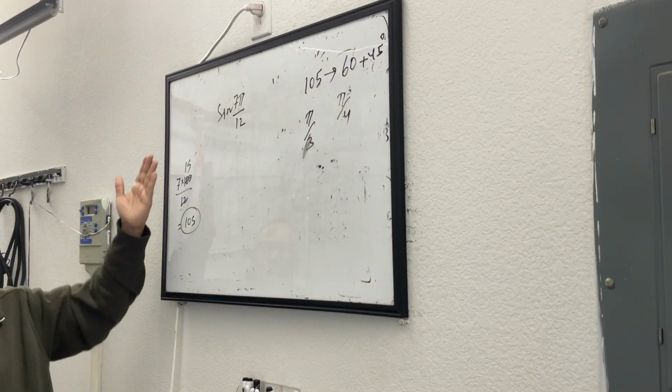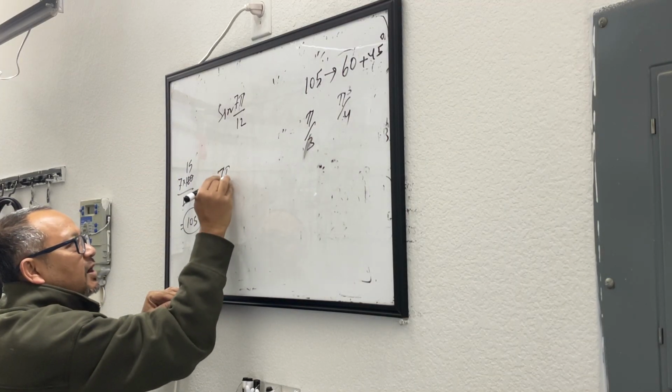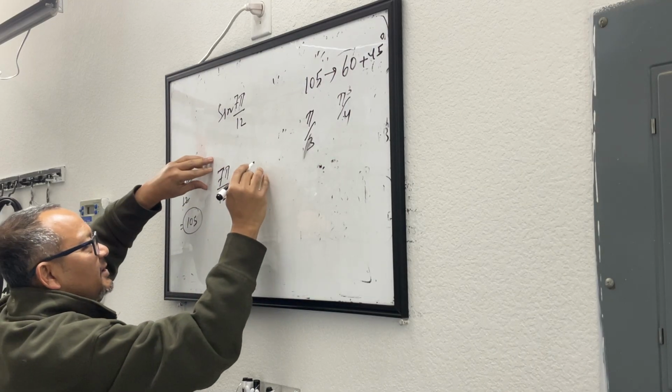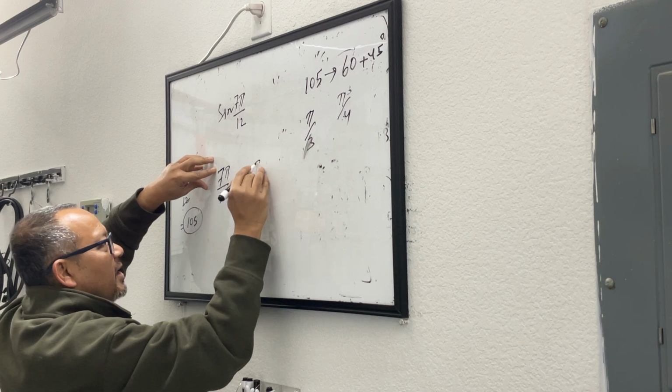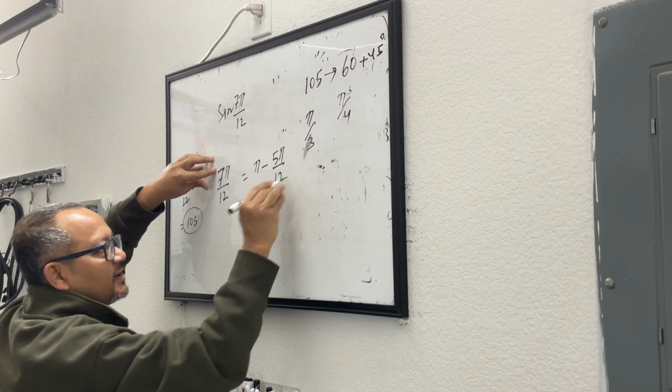Just to convince people, they will say 7 pi over 12 is nothing but maybe pi minus 5 pi over 12, correct?